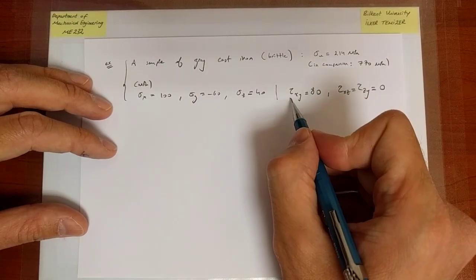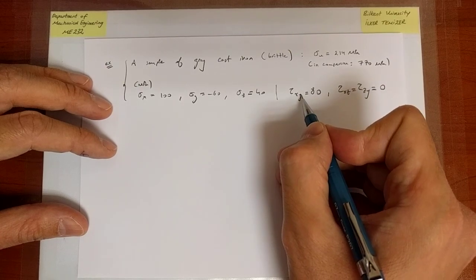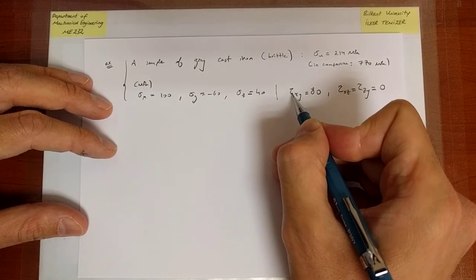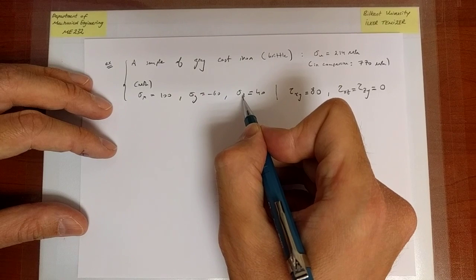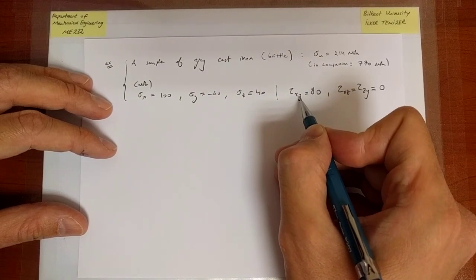So I see that there is only one shear stress present, so I have a state of generalized plane stress because sigma z is not 0 with respect to the xy plane.